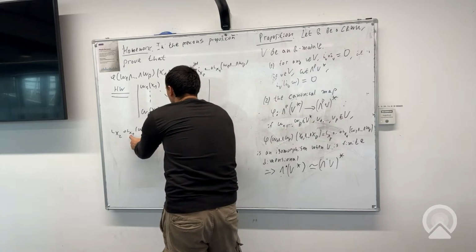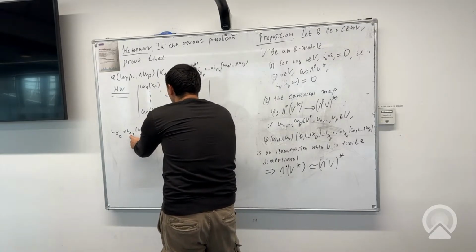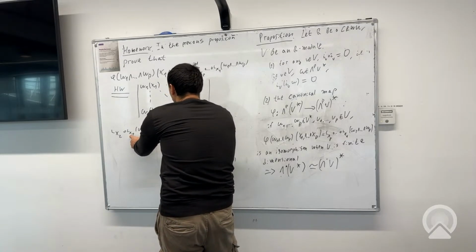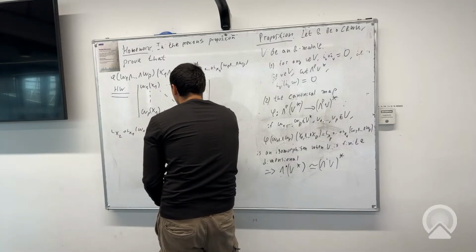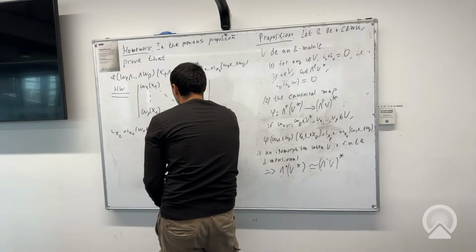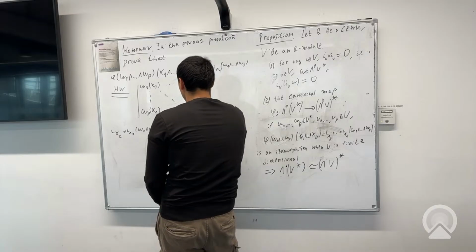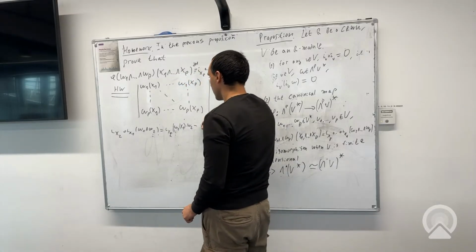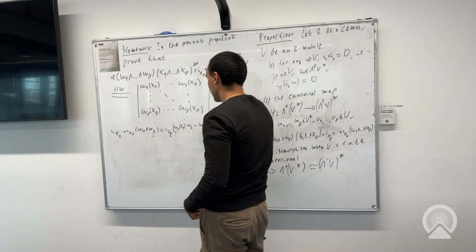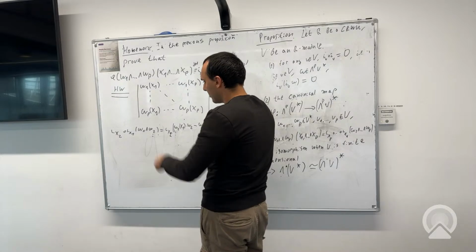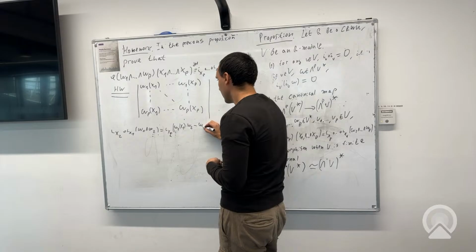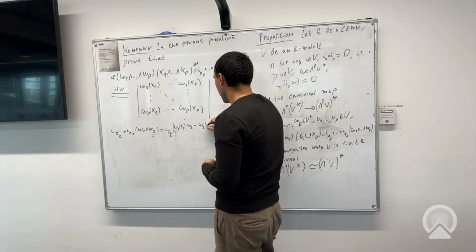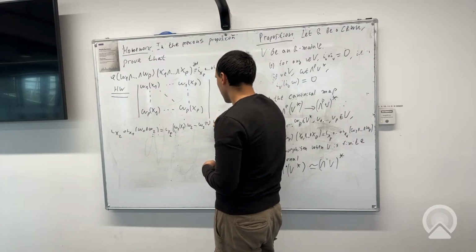So this is i of x1, and then x2, we have omega 1 of x1 times omega 2, and we have minus, by the previous calculation that I did, omega 2 of x1 times omega 1.